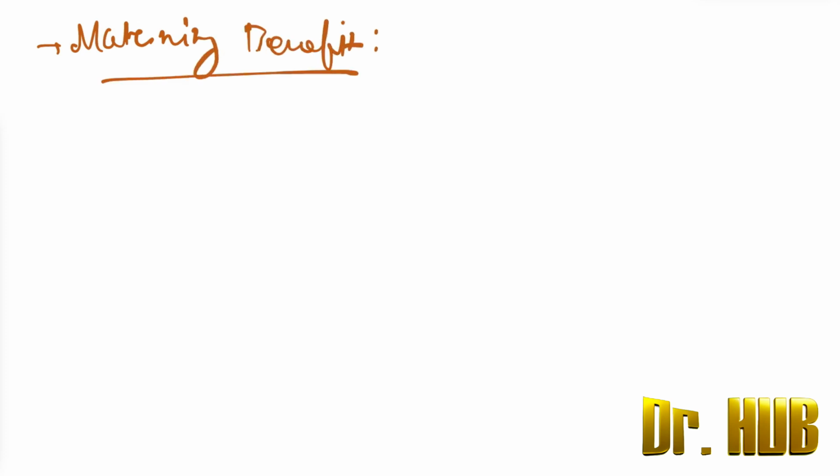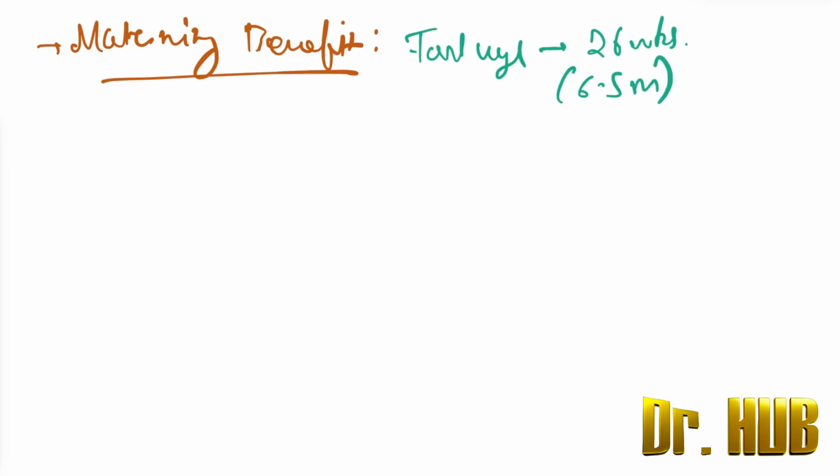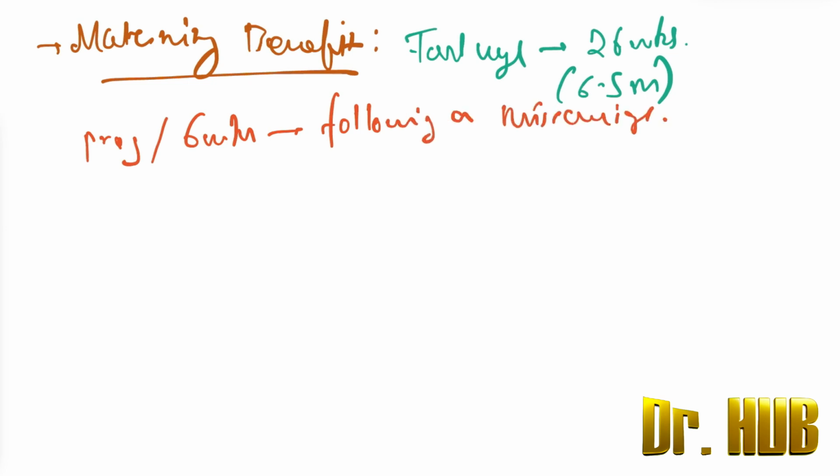Then comes the maternity benefit. As per the maternity benefit, the benefit is payable at full wages for 26 weeks, which is nothing but 6.5 months, for the pregnancy, and also 6 weeks following a miscarriage, and 30 days for sickness arising out of the pregnancy.